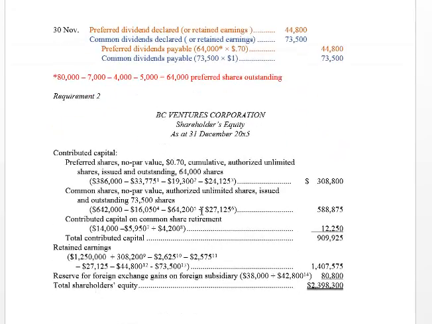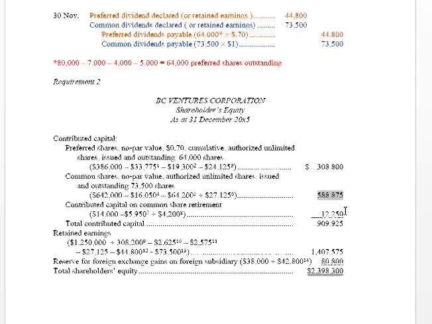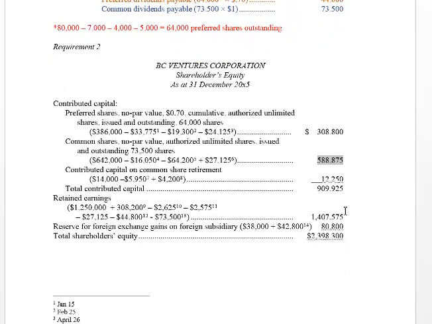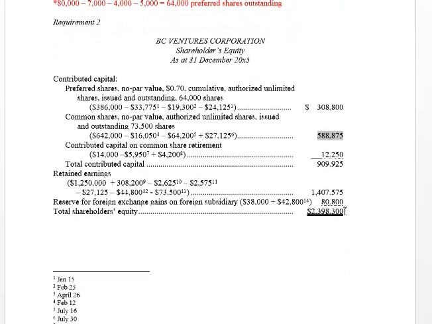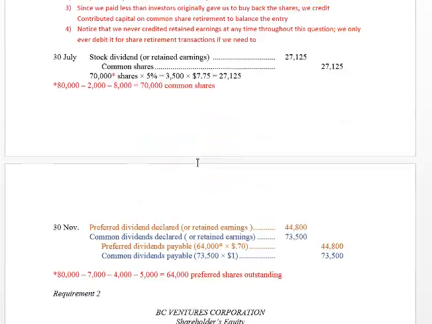So if I increase my common share equity after deducting these two amounts, I'm going to have $588,875. Notice that I do not have an account for contributed capital on preferred share retirement. Why? It's a zero balance.